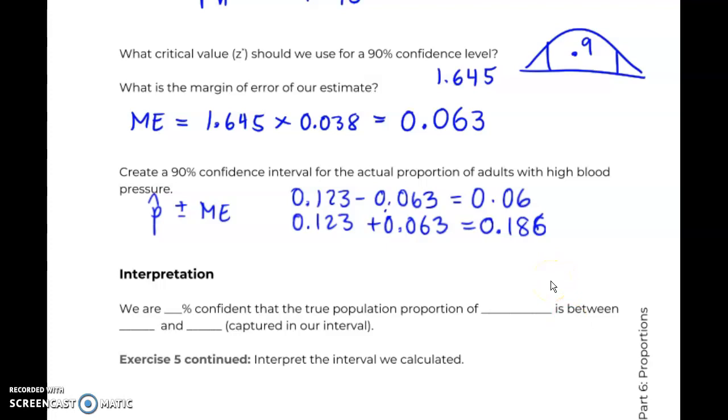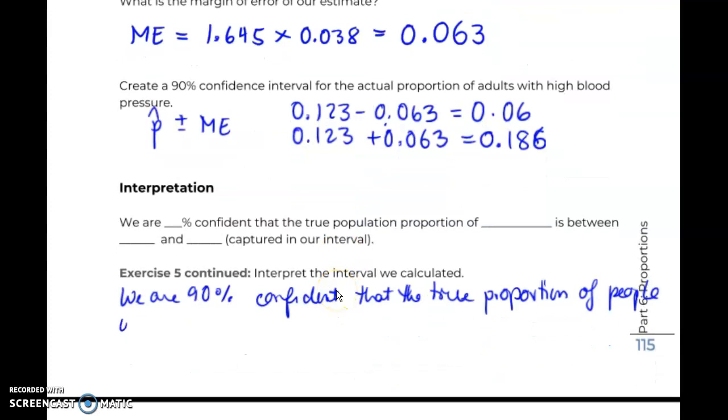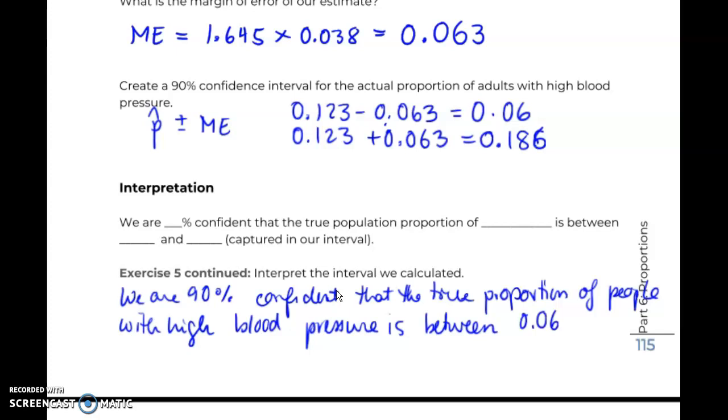We would say we are 90% confident that the true proportion of people with high blood pressure is between 0.06, or we could state 6%, and 0.186.